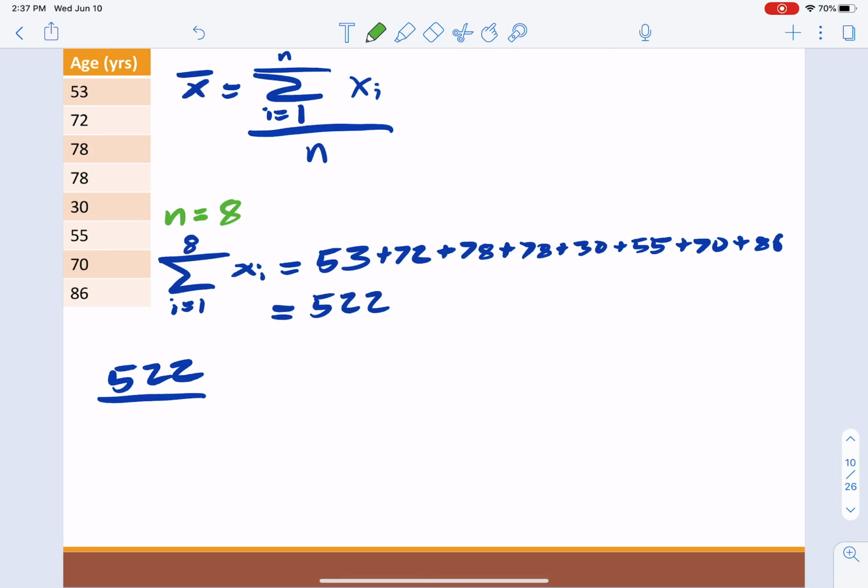So just a little bit of arithmetic later, 522 divided by 8 is 65.25. And we'll put the units on here too: 65.25 years. Very important that we put the units on here, but that's our answer. So the mean age in this sample is 65.25 years old.